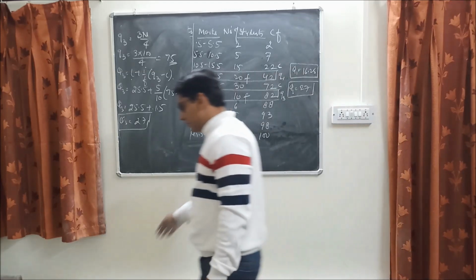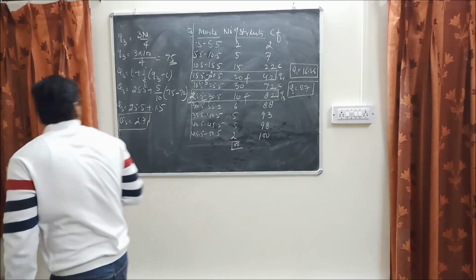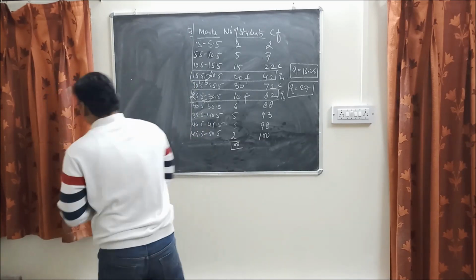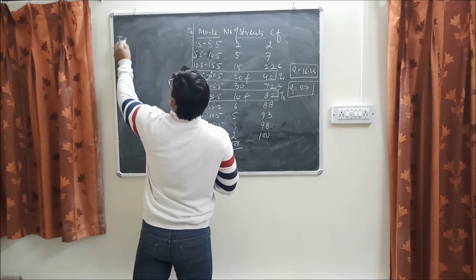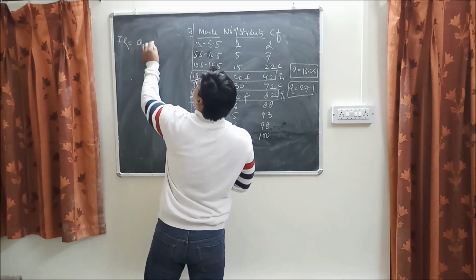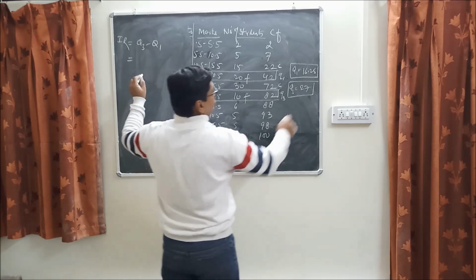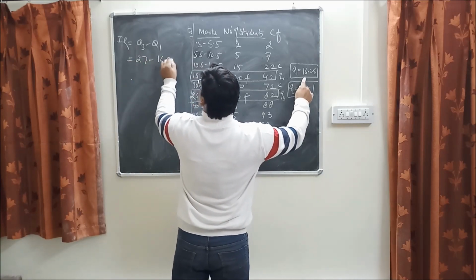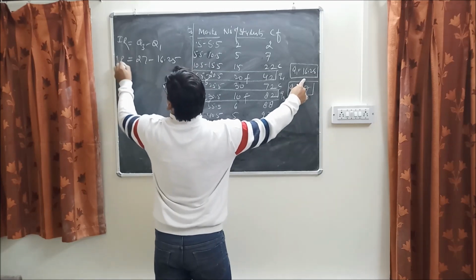Now with the help of these Q1 and Q3, we can calculate the middle 50% value: Q3 minus Q1. Q3 is 27, Q1 is 16.25.